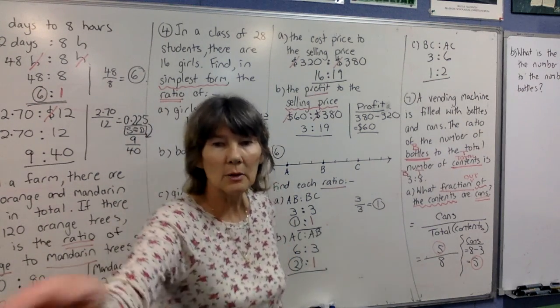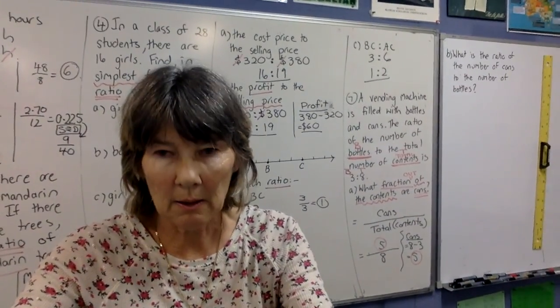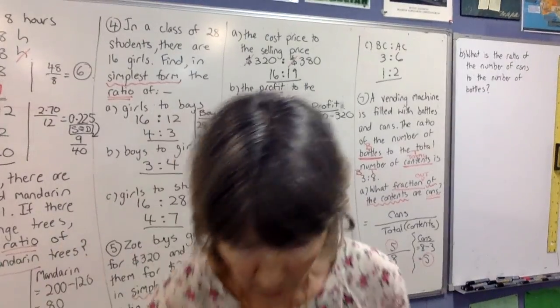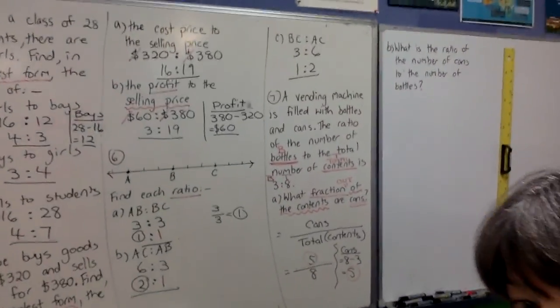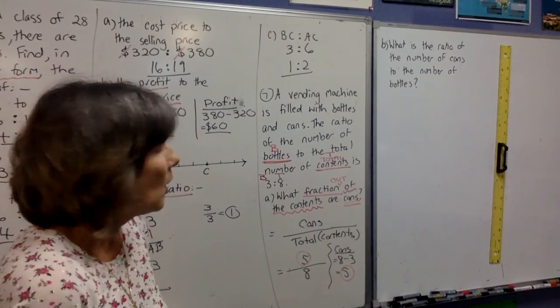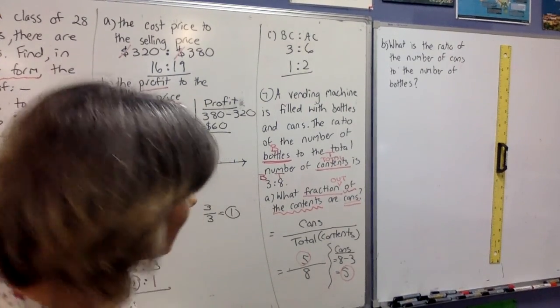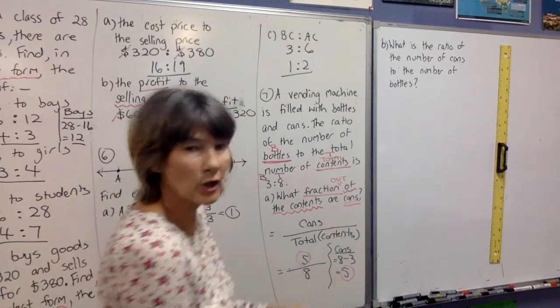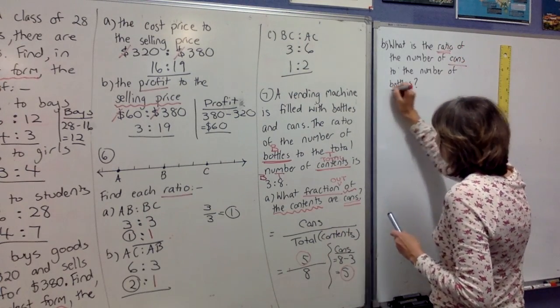All right, now the last question, all still to do with that one. I'll just move it over a little bit so you can see it a bit better. Okay, so the next question is, what is the ratio of the number of cans to the number of bottles? So they're jumping around a bit here. They want ratio of cans to bottles.